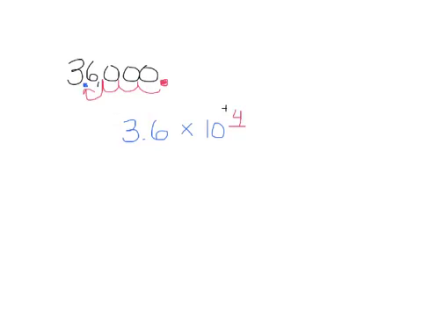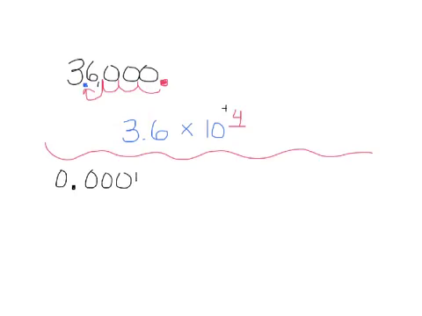Let's do another example, one with a negative exponent value. If I give you something like 0.000482, the first thing to consider is where this decimal needs to end up to get a number between 1 and 10.